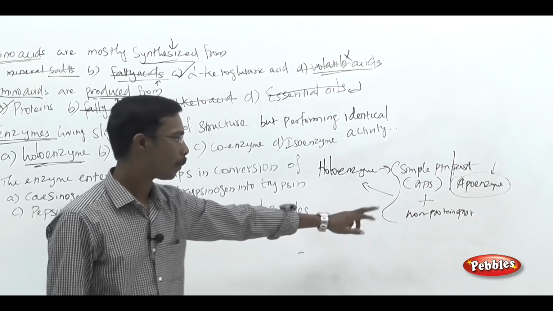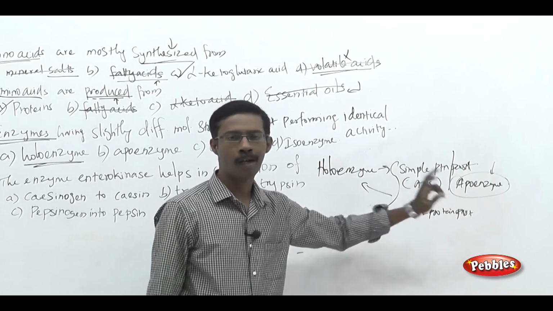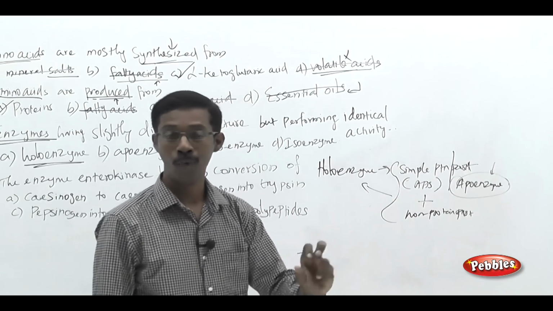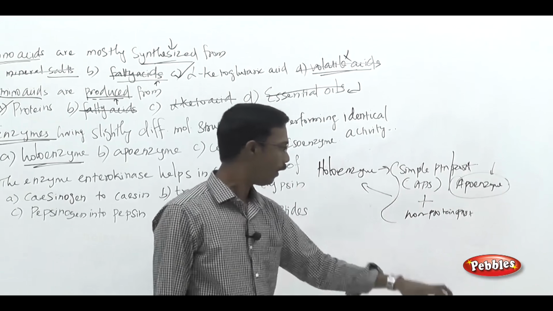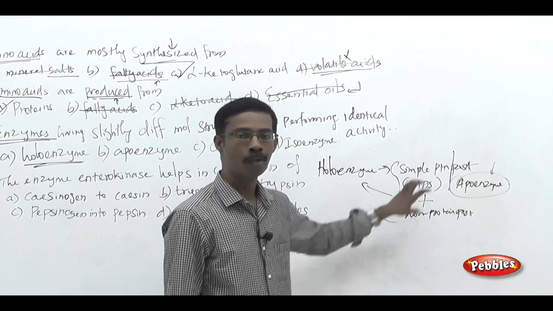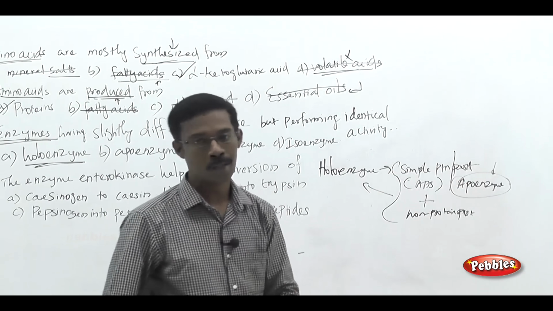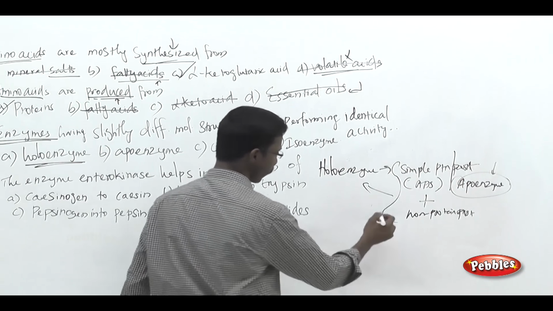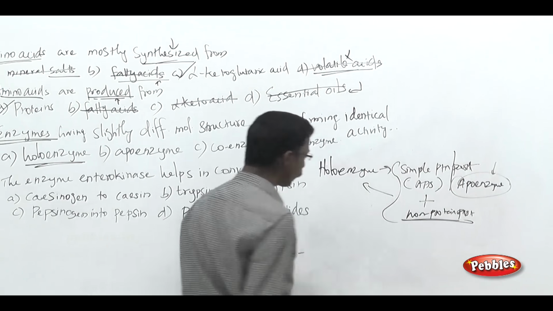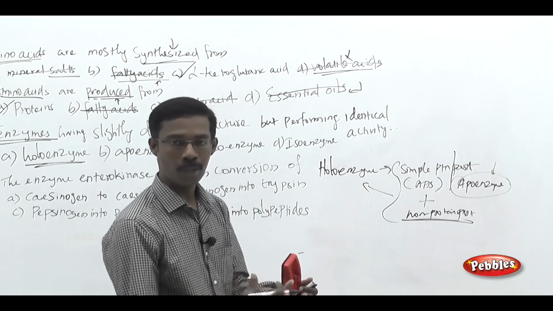Okay, so just remember, apoenzymes cannot act as a fully functional enzyme. It needs the particular non-protein part to be attached to the apoenzyme, and then only it can act as a functional enzyme. Okay, so what is holoenzyme? Holoenzyme is a multi-subunit complex.